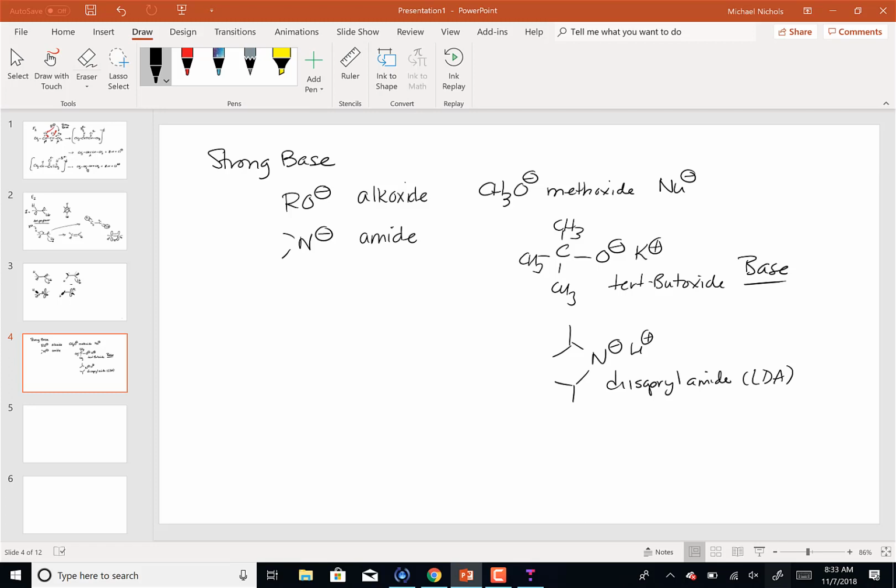My favorite, which I've done a lot of research on and published a few papers on, is this one, which is called LiHMDS, for lithium hexamethyldisilazane. And it's really sterically hindered. I like that one because you can make it in sodium, lithium, potassium, and even cesium flavors.